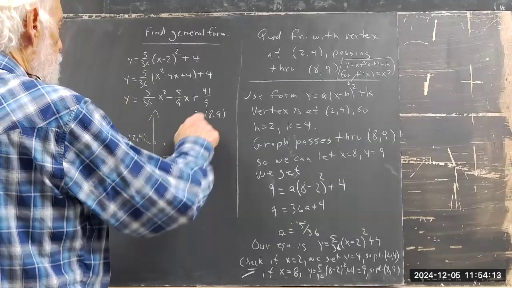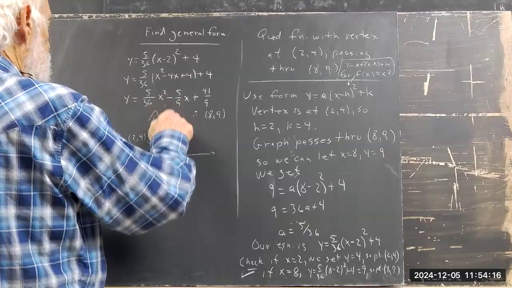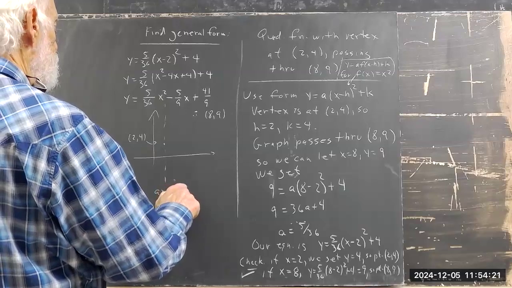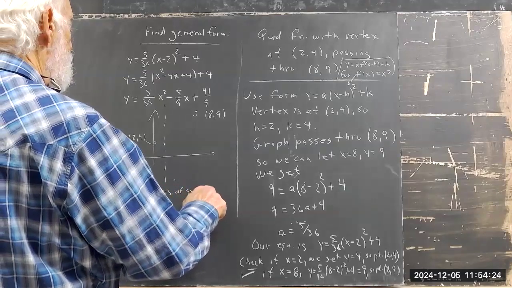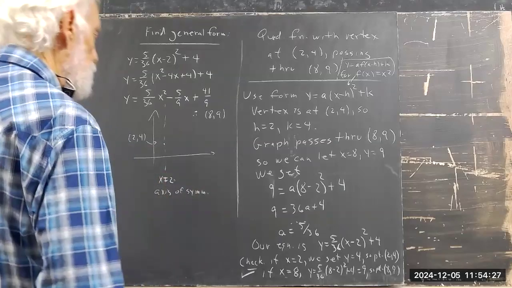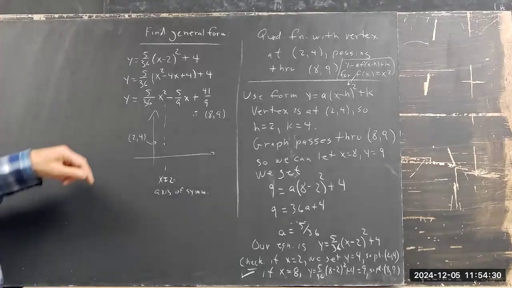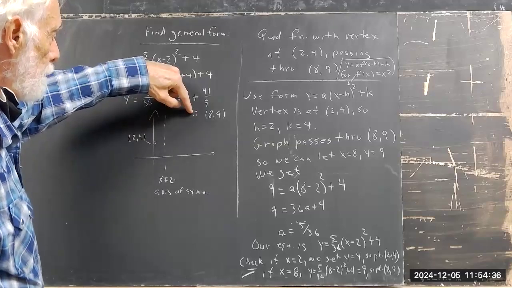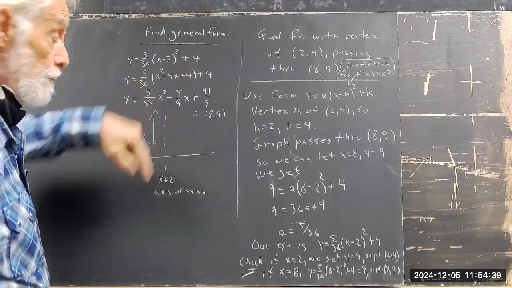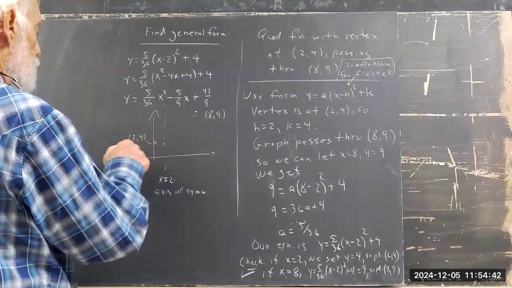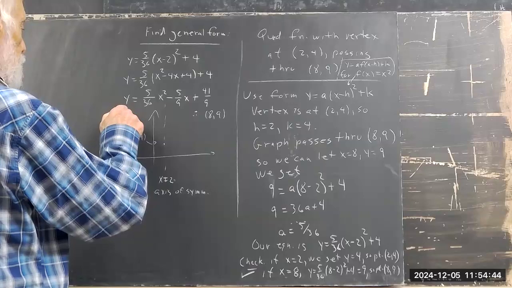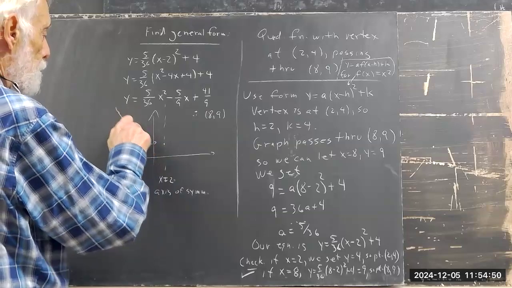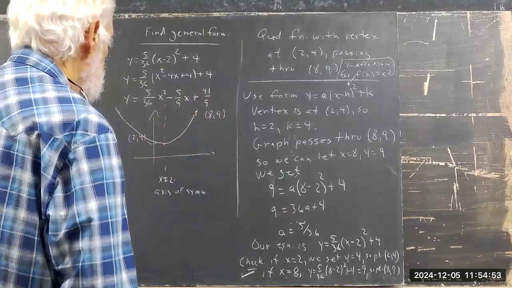So if I draw a quadratic function with this vertex, by symmetry, here's your axis of symmetry, x equals 2. This point is 6 units to the right and 7 units up from the vertex. So we'd have a point 6 units to the left and 7 units up, probably about here. So now let's draw a nice parabola through these points.